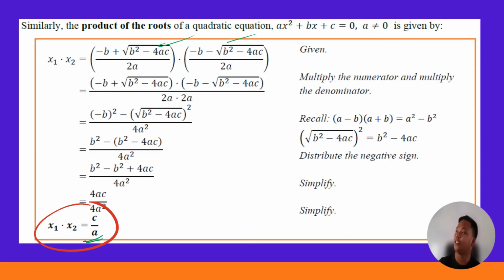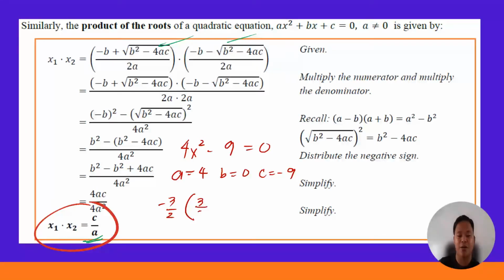Then, recall po natin yung ating equation ulit. We have 4x squared minus 9 is equal to 0. The value of a is 4. The value of b is 0. And the value of c is negative 9. The roots that we found out are negative 3 over 2 and positive 3 over 2.